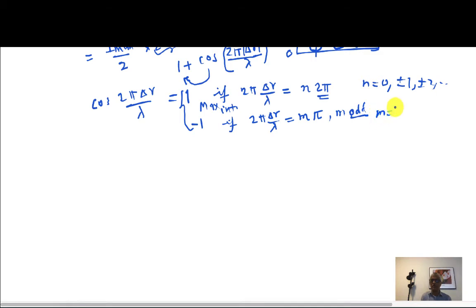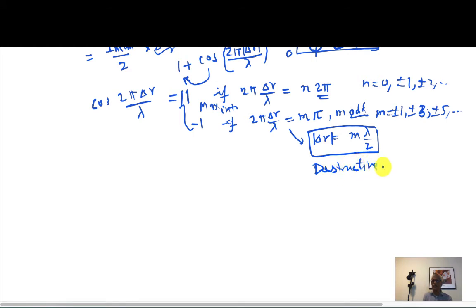So m can be plus or minus 1, plus or minus 3, plus or minus 5, etc. So if we look more closely here, delta r has to be, we're not talking about absolute delta r, pi cancelled out, m lambda over 2. So this is a destructive interference condition.